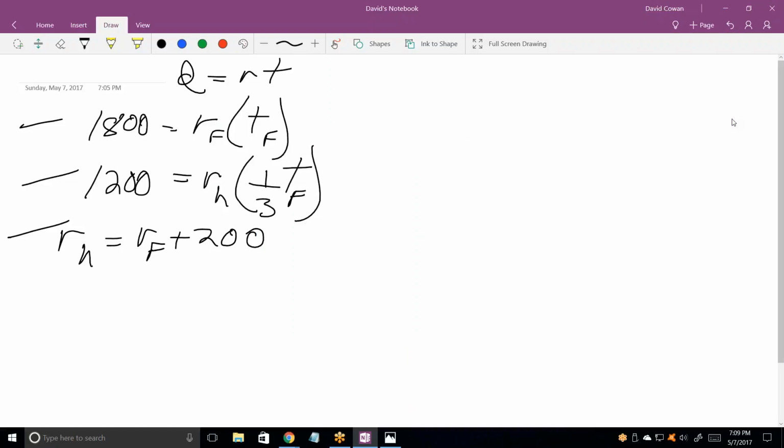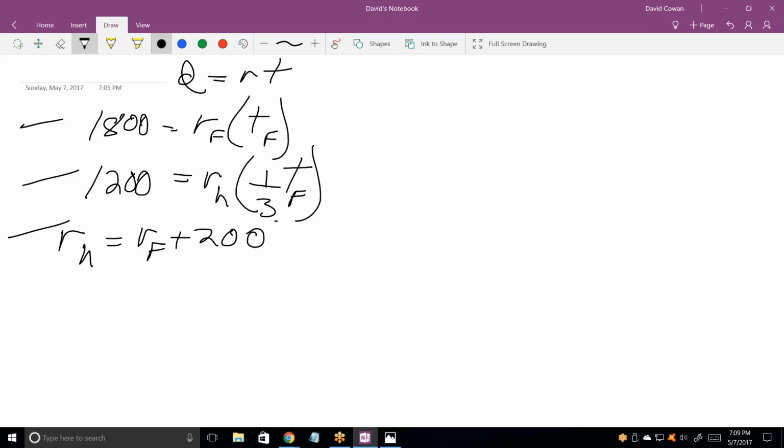So, let's try to solve this here. First of all, when you have 3 equations and 3 unknowns, the best thing to try to do is to reduce it to 2 equations and 2 unknowns. It's just easier to solve. 3 equations and 3 unknowns is exponentially harder to solve than 2 equations and 2 unknowns.